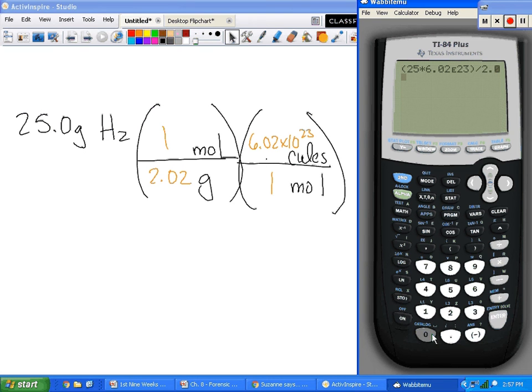Alright, so if you'll look up here, I did it all in one calculator stroke because I used parentheses, and then that is my answer.